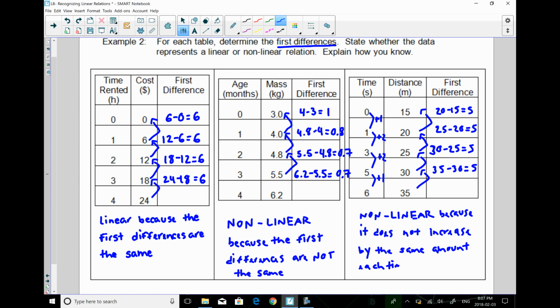So if you look, again, when your x variable is inconsistent, your first differences are too. If you were to graph these, you're going to have some inconsistency. So let's go through some more examples.